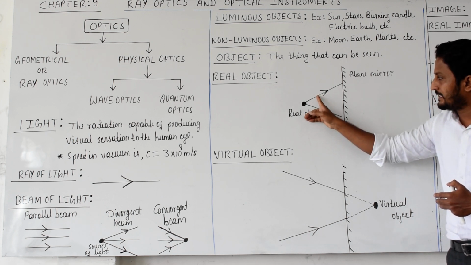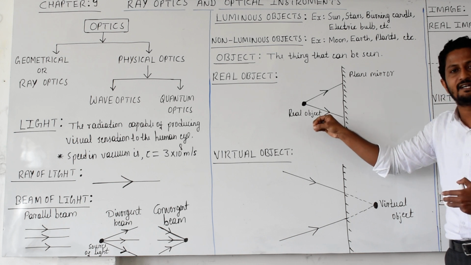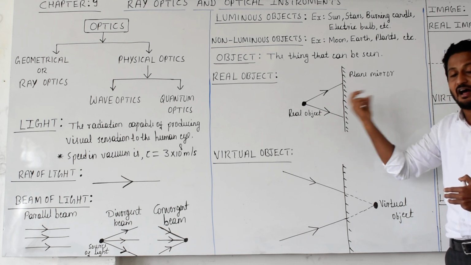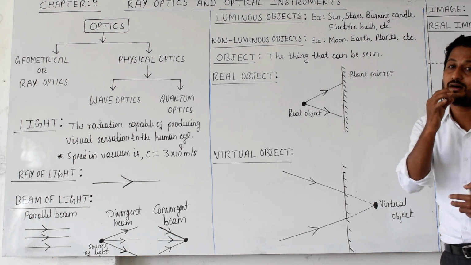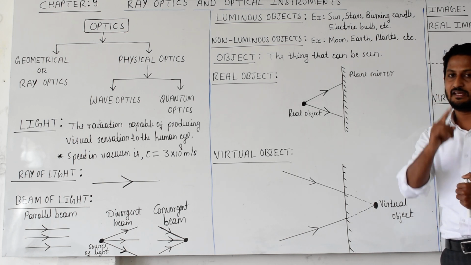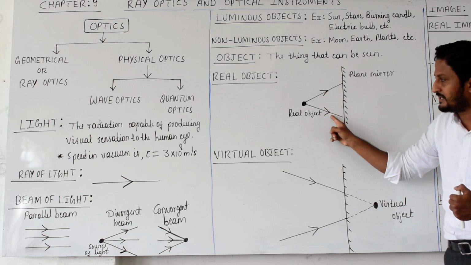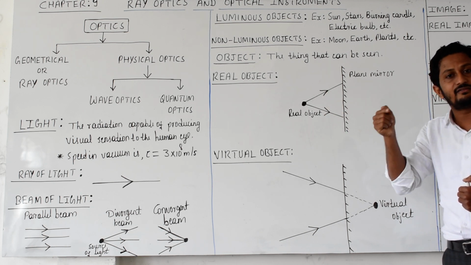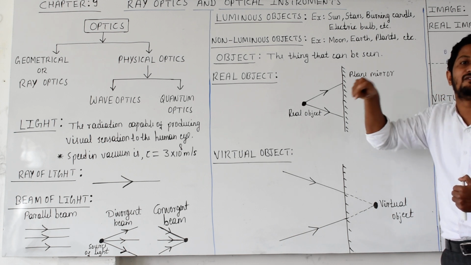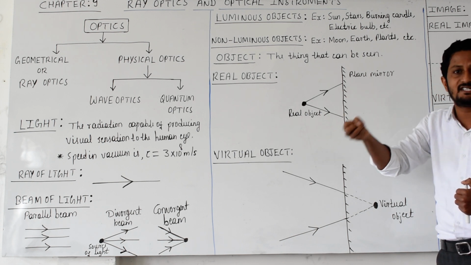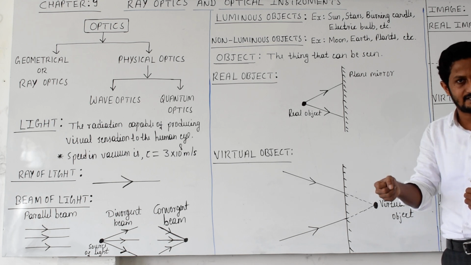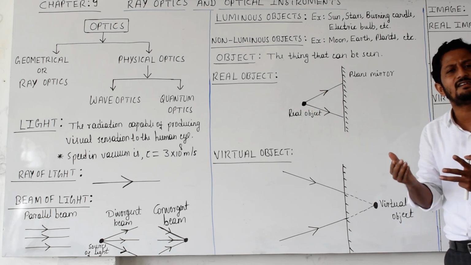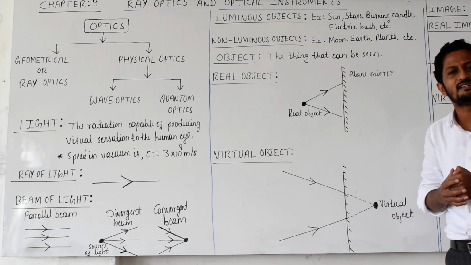If an incident beam of light is diverging from a source of light, or diverging from an object, then such an object is called a real object. What does it mean?